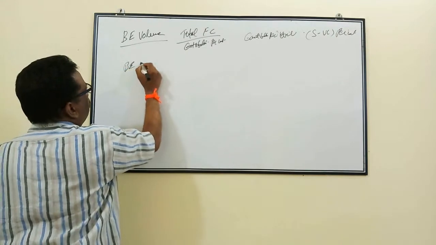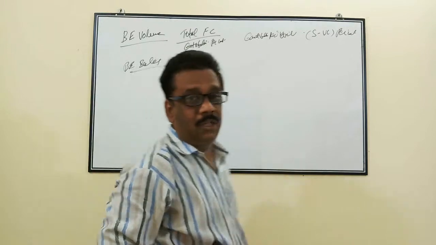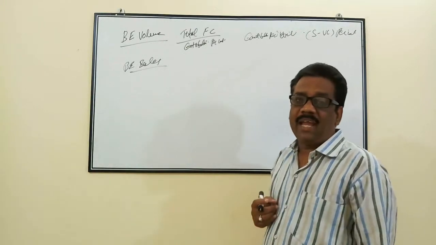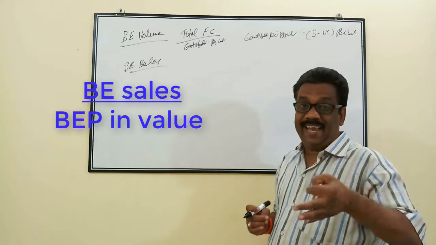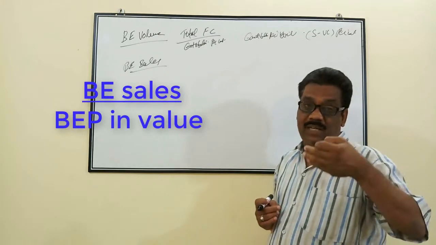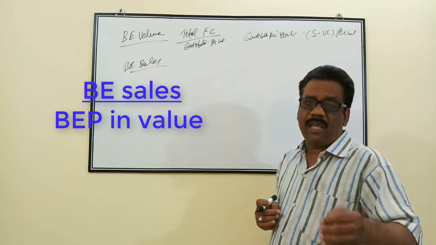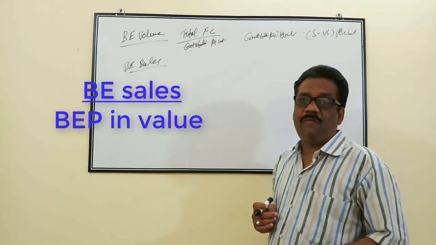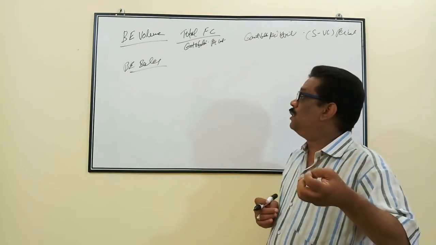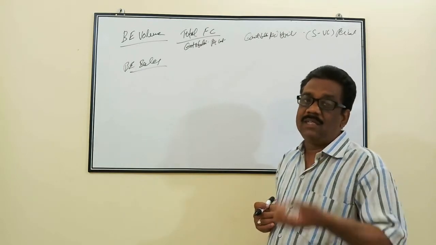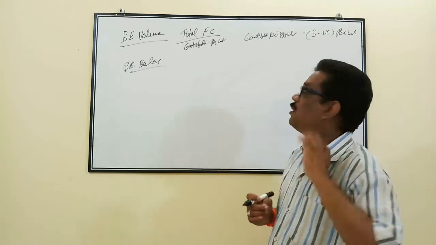Likewise, break-even sales can also be estimated. Break-even sales indicate how much value of sales a firm has to attain to reach break-even. If a firm's break-even is expressed as 50,000 rupees, it indicates that the firm has reached break-even since it has attained sales of rupees 50,000.